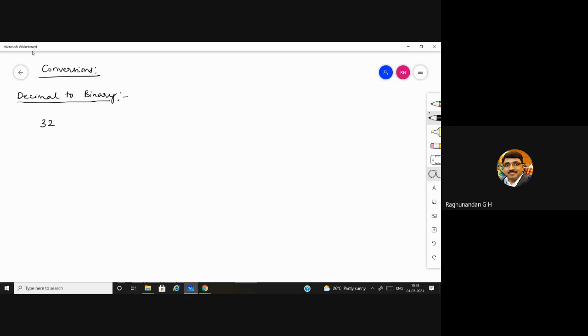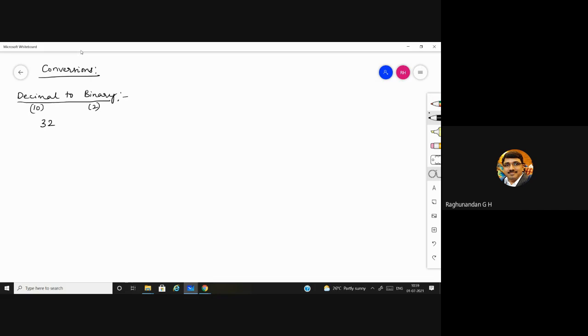So here the decimal, its base is 10, and the binary, the base is 2. Remember one thing, whenever you are going to convert from decimal to any other format, you have to divide that decimal number by the base of the other system which you are going to convert.